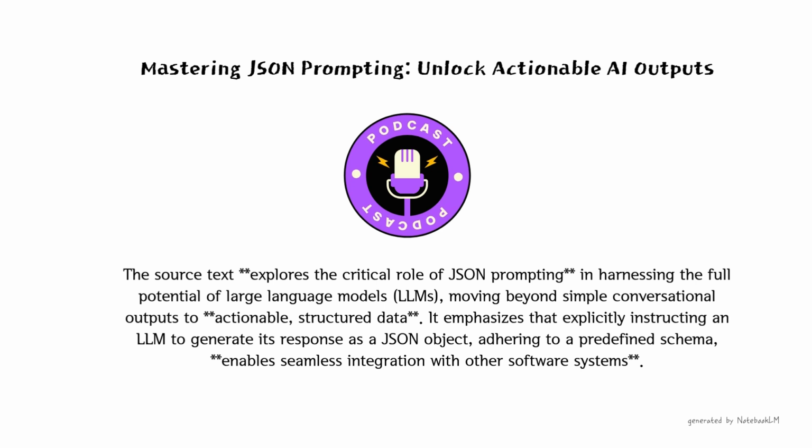This has been a really insightful deep dive. We've seen how JSON prompting takes these large language models and transforms them from just intelligent text generators into genuinely powerful programmatic engines. It really highlights that it's not just about what the AI says, but fundamentally how it says it.